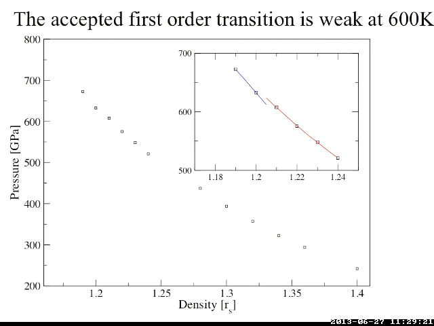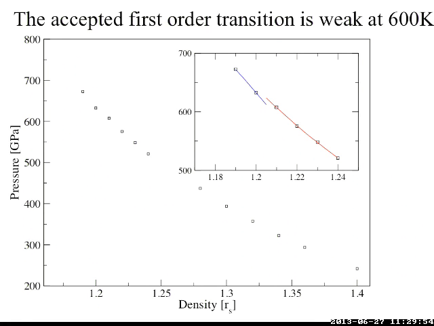What is the physics? When we go to low density, we go to higher pressure. When we go to higher pressure, the system wants to metallize, to become a metal, and the kinetic energy is more important. But it is very difficult to find a first-order transition.